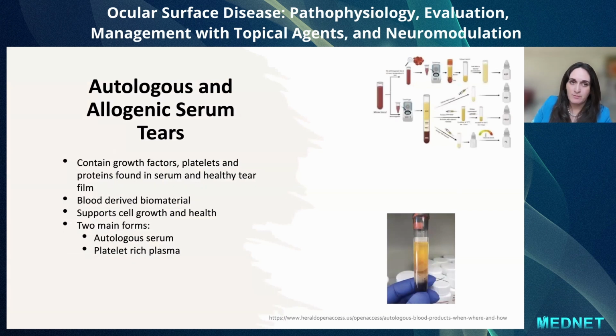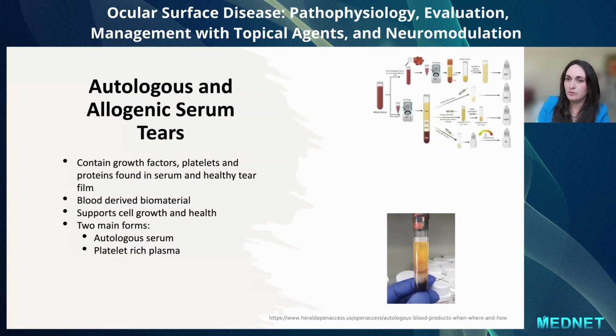Another treatment option that can be very helpful is serum tears. This works because of growth factors, platelets, and proteins that are similar between the serum and healthy tear film. It's a blood-derived material and supports cell growth and health. There's autologous and platelet-rich plasma, and there are multiple other different kinds.